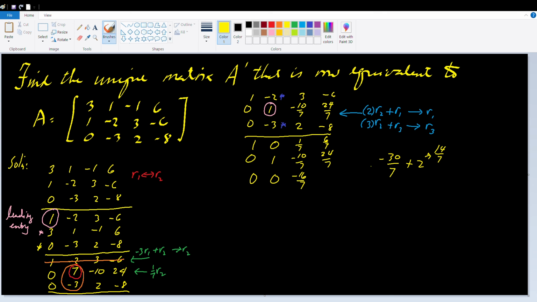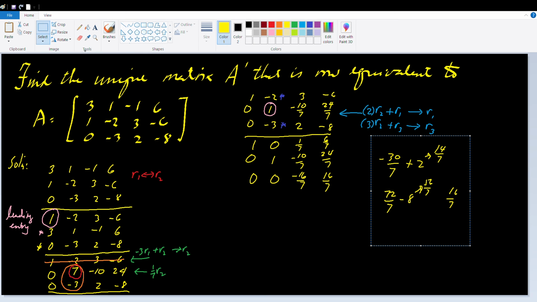Then 24 over 7 times 3, that will be 72 over 7 minus 8. 8 becomes 56 over 7. 72 minus 56, that will be 16 over 7. Okay, erase this.